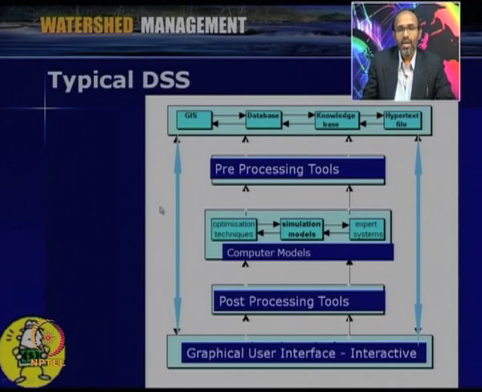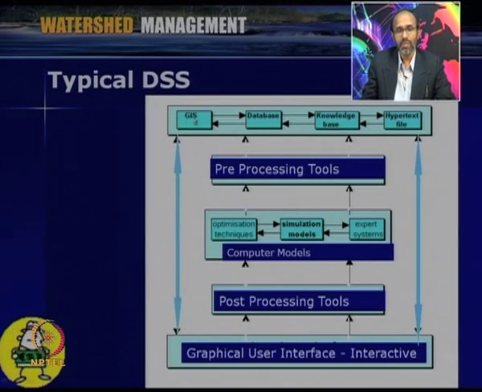There can be various subsystems within the decision support system. In most of our problems, especially water or watershed management problems, the main thing is that we have to deal with a large quantity of data. To deal with it, as we have seen in some of the previous lectures, geographic information systems and remote sensing help. Most of the time when we deal with watershed or water related issues, GIS is a good pre-processing tool.